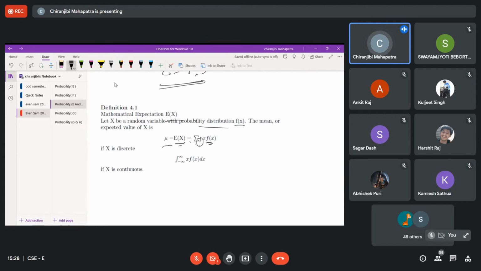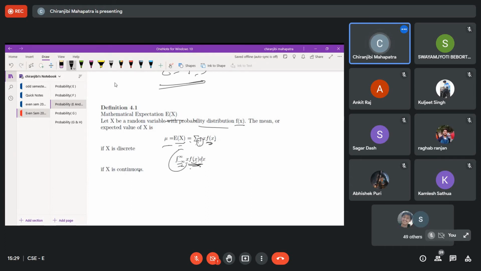Okay, so like I have shown to you. And in case of integration, you have to integrate the whole integrand with respect to x from minus infinity to plus infinity of x into fx dx.